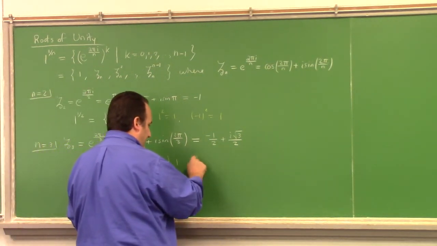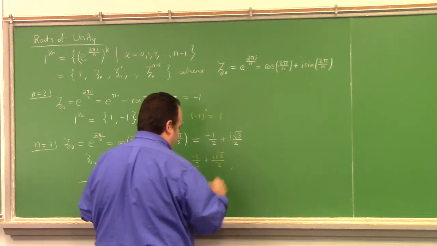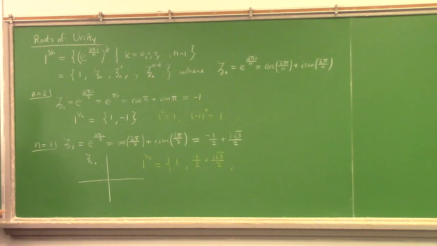Also this thing. And what's the other one? Where does zeta 3 squared go? Remember we learned last time that if you multiply zeta 3 by zeta 3, it rotates it by the standard angle, right? So that means that zeta 3 squared is going to be another 2 pi over 3 around, right?